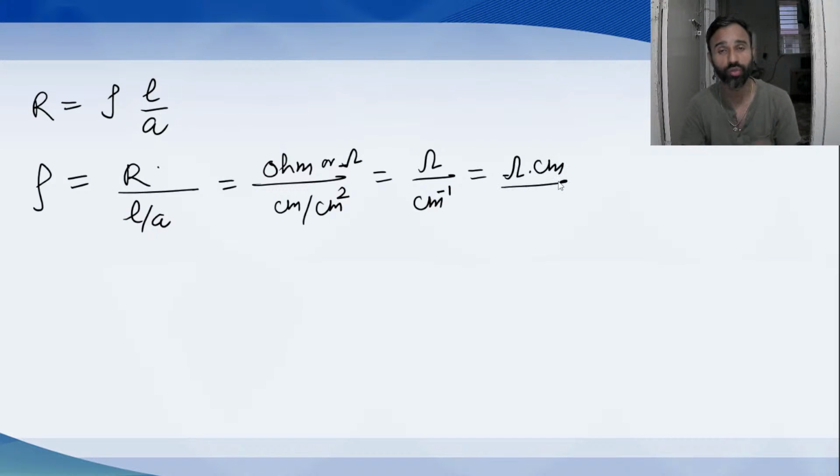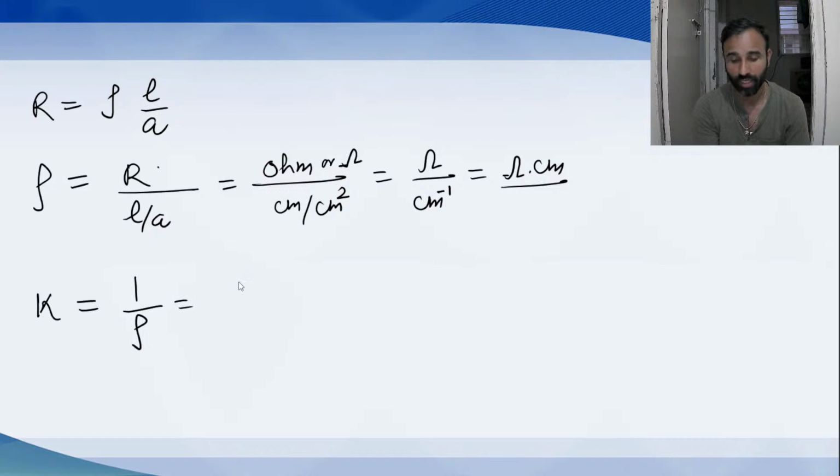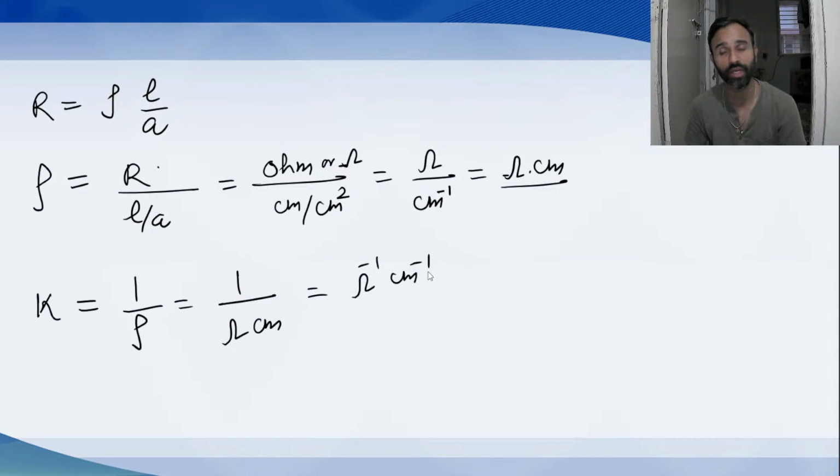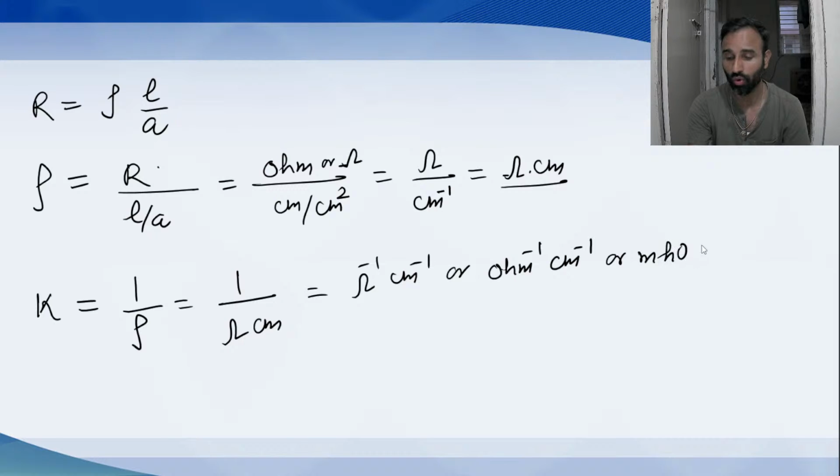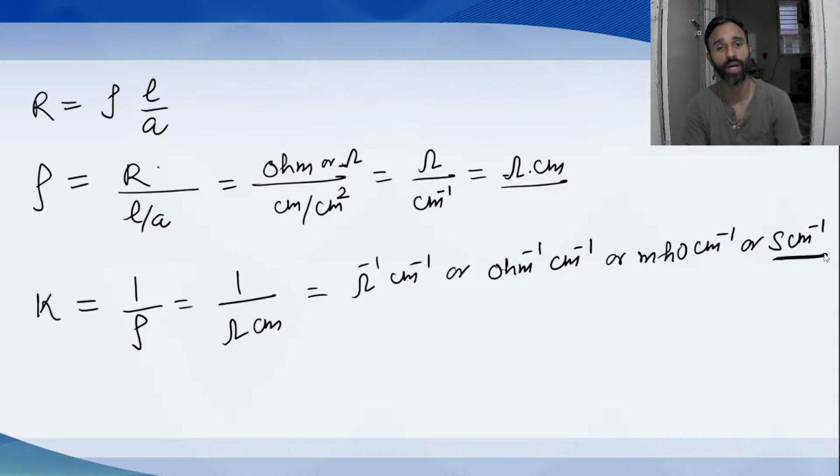That is the unit of resistivity. Now conductivity is 1 upon resistivity. The unit is 1 upon ohm centimeter, or per ohm per centimeter, or ohm inverse per centimeter, or MHO per centimeter, or S per centimeter. In SI it is S per meter.